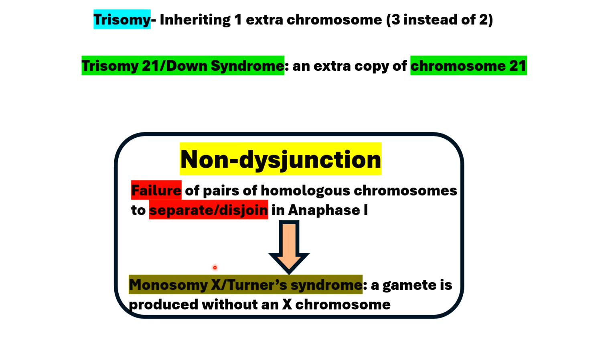And this can lead to monosomy X or Turner's syndrome, which is a gamete being produced without chromosome X in meiosis. We know that meiosis produces gametes or germ cells, sperm and egg. So if these are missing chromosome X, this is called Turner's syndrome or monosomy X. And we can see that through karyotyping and a karyogram, which is a separate topic.